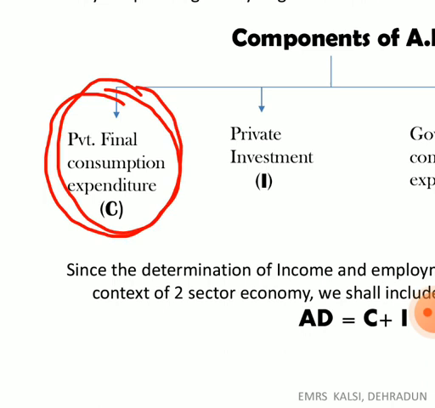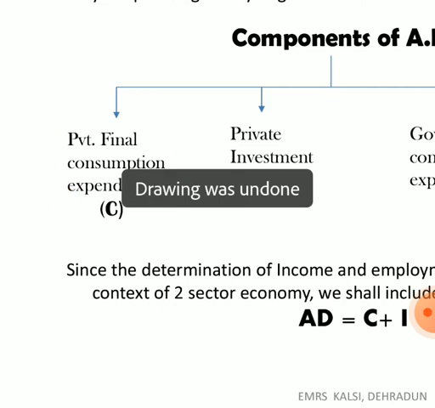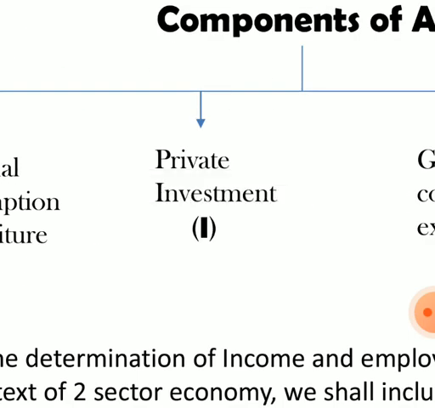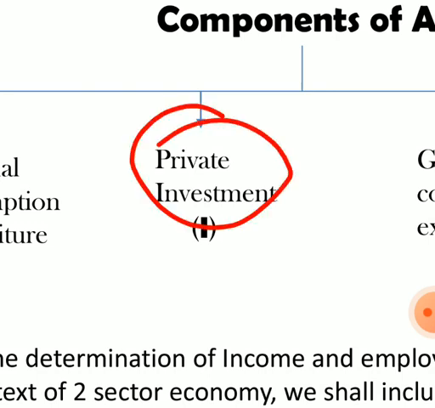And what do citizens purchase, what do citizens demand? Basic things: clothes, TV, food items. This will be denoted as capital C. This is a component of AD. The second component is private investment. Earlier we did it as investment expenditure, now we are learning it as private investment.